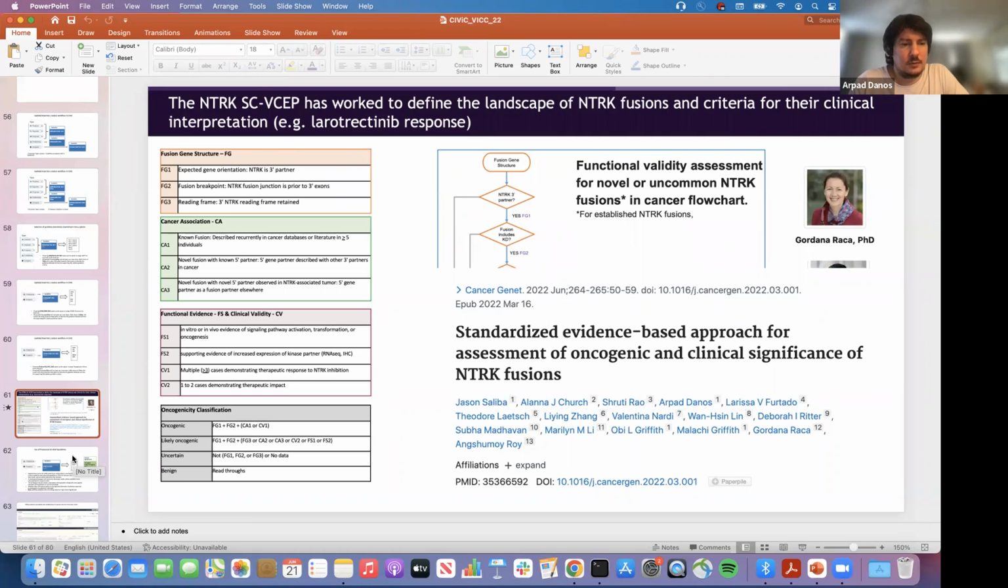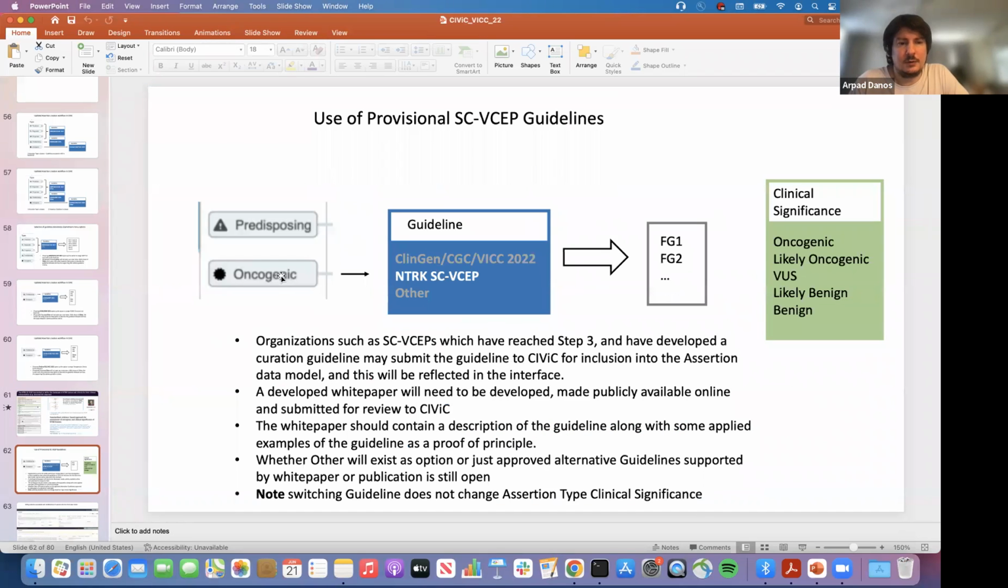So under this model, when you choose oncogenic, you choose a guideline. You either choose the ClinGen CGC-VICC or you choose this NTRK SC-VCEP. And we might open things up so that users could submit either published guidelines or a well-defined white paper describing the guidelines. And we could add that to CIViC.